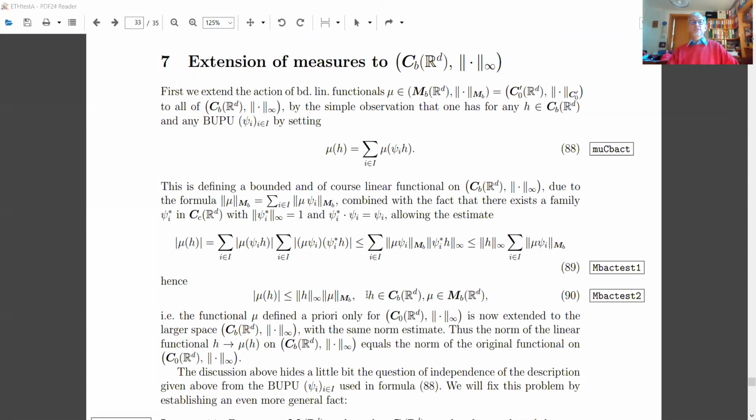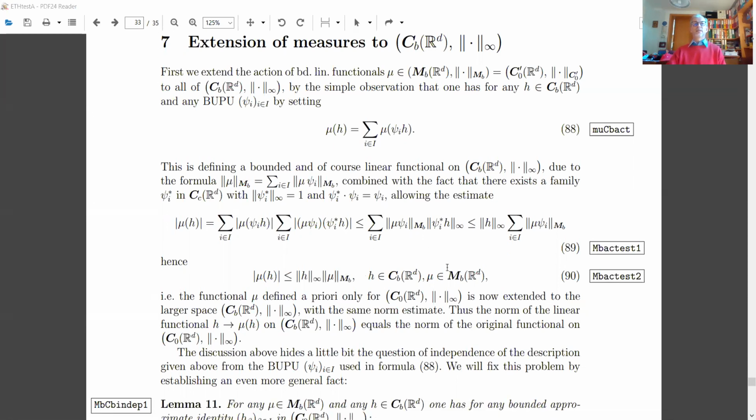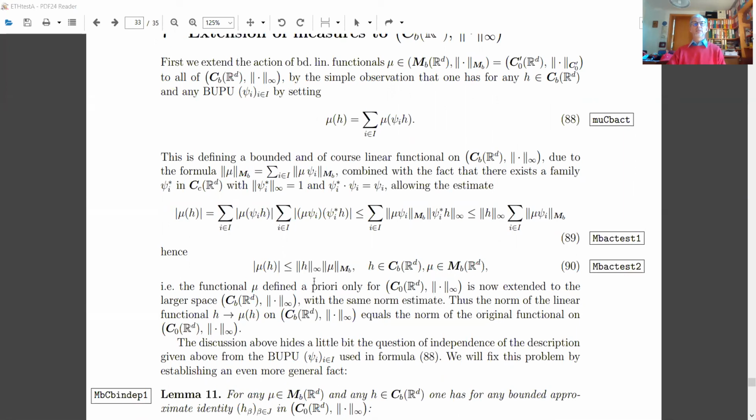We have seen that the action norm is not bigger, but of course it's also not smaller, because C0 functions are still available. So as a functional on those bounded functions, it extends in a unique way to CB, and we can control it, so we have an operator norm.